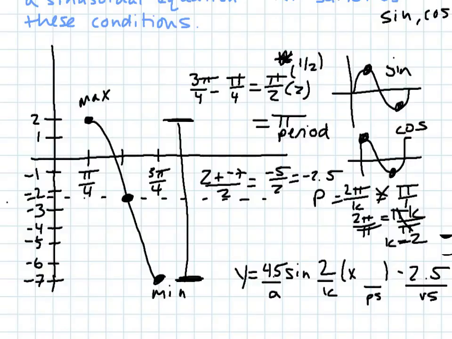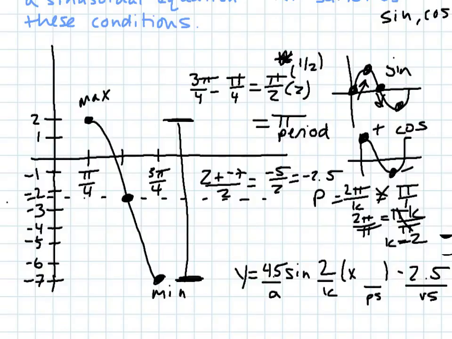Because if I start for sine in the middle and go up first, then that means it's positive. If I start in the middle and go down first, that means it's negative. For cosine, same thing. If I start up here at the top, then that's positive. If I start down here at the bottom, then that means it's negative.